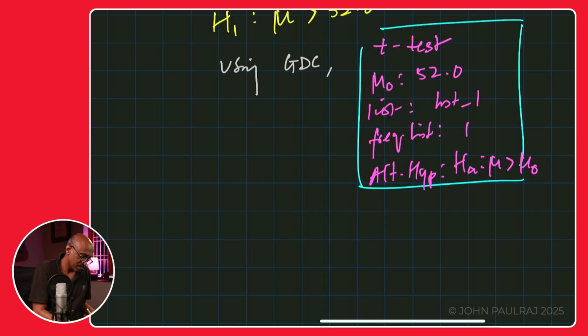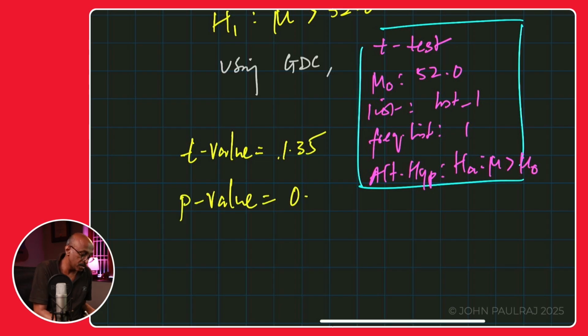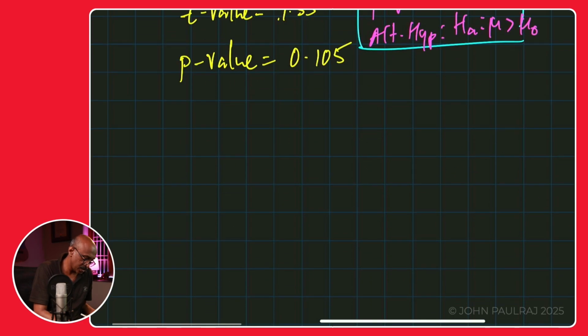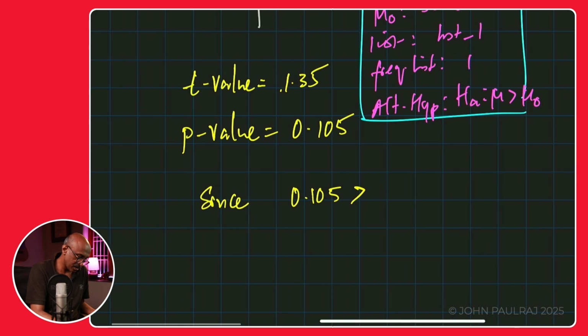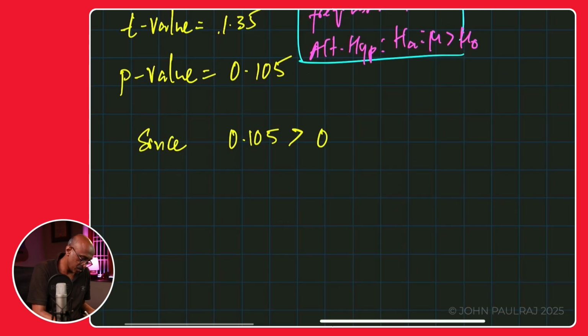So you can say t value is 1.35 and p value is 0.105, and then you can put down your analysis. You can say since the p value 0.105 is greater than, I think we're performing 5%, yeah, so 0.05.